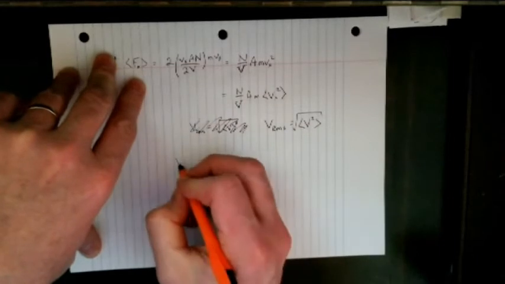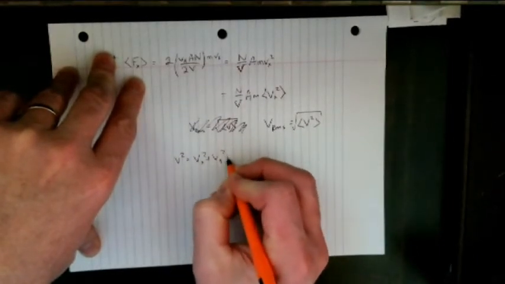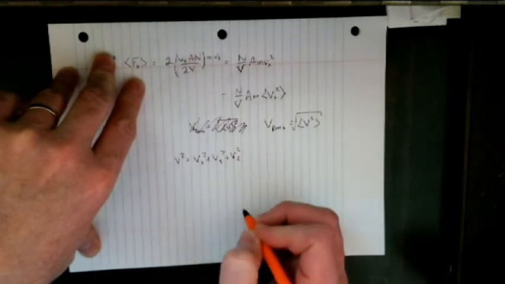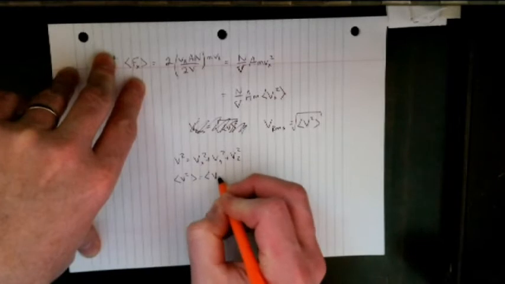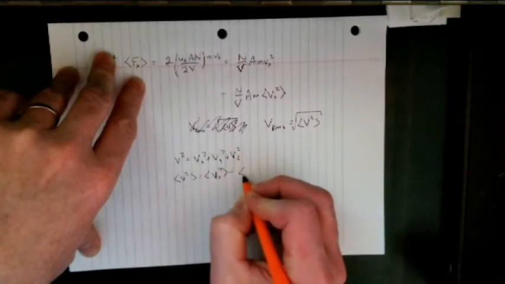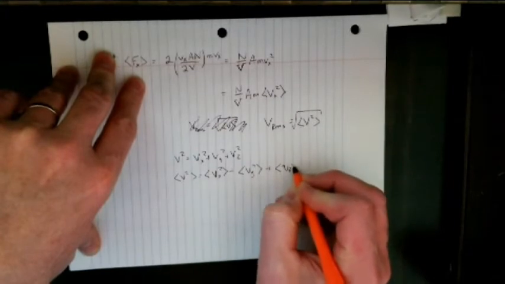values you're trying to find the average of, square it, find the average, and take the square root. And V squared, since we're working in 3 dimensions, is Vx squared plus Vy squared plus Vz squared. So the average value of V squared should be the average value of Vx squared plus the average value of Vy squared plus the average value of Vz squared.